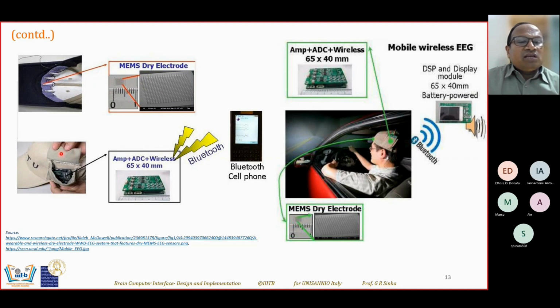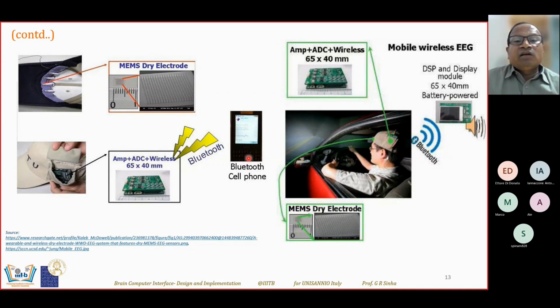Inside the cap, the Bluetooth device can be kept, so that the person who is driving is wearing this cap, his signal is recorded, and the signal being captured in this Bluetooth device can be sent to our cell phone or some computing device.